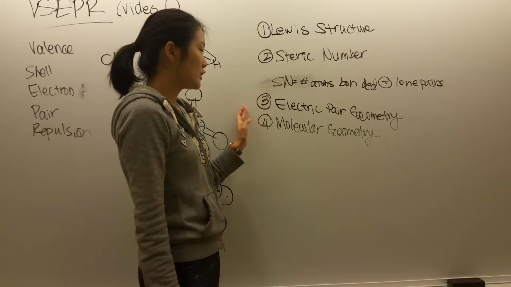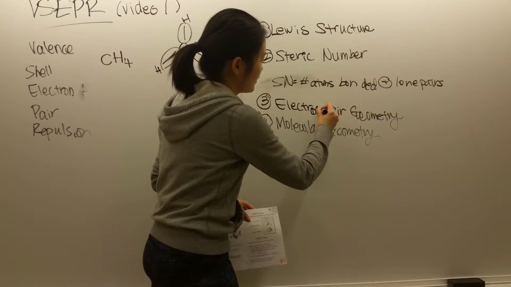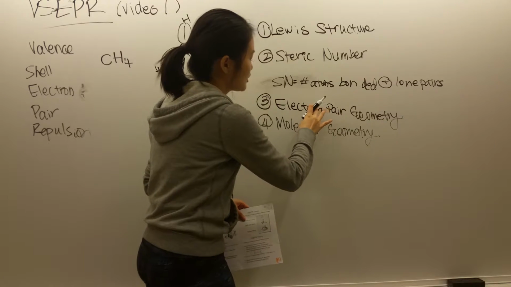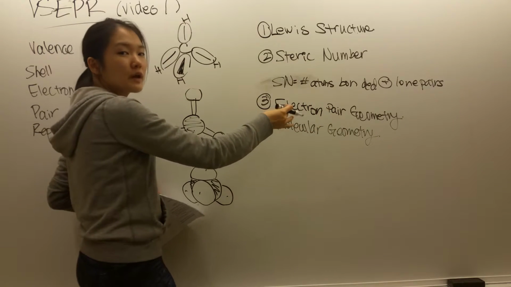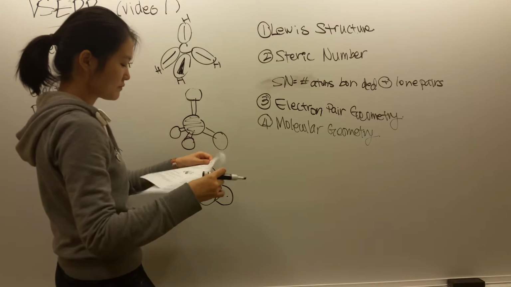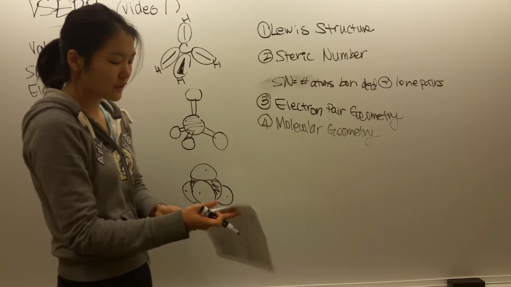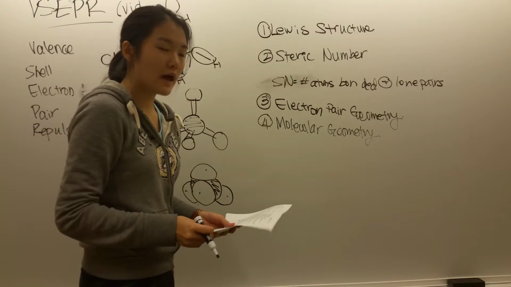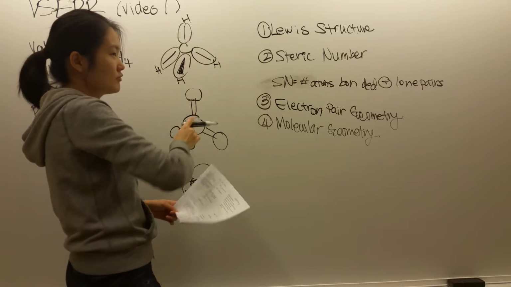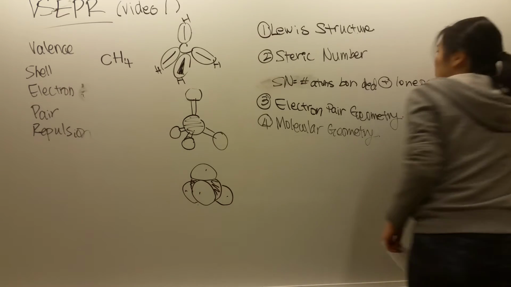And the electron pair geometry is basically molecular geometry except for the lone pairs. Molecular geometry accounts for the fact that you have lone pairs that repel things farther.